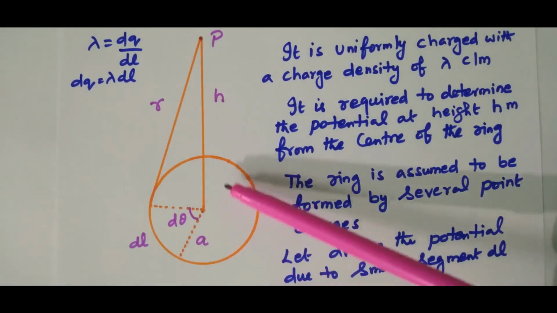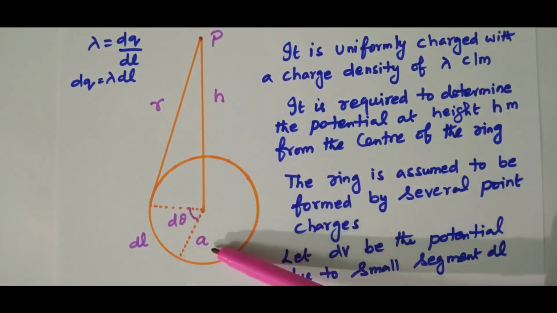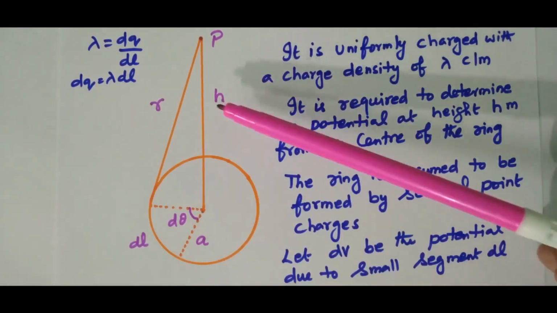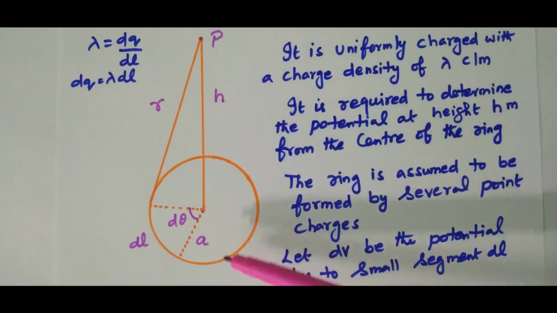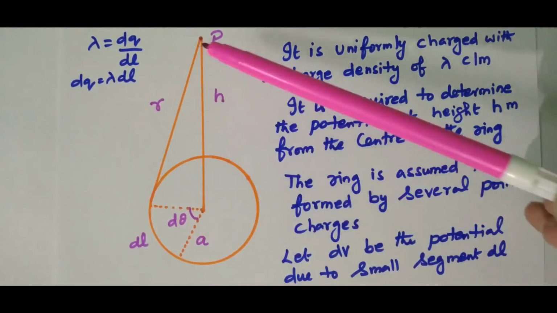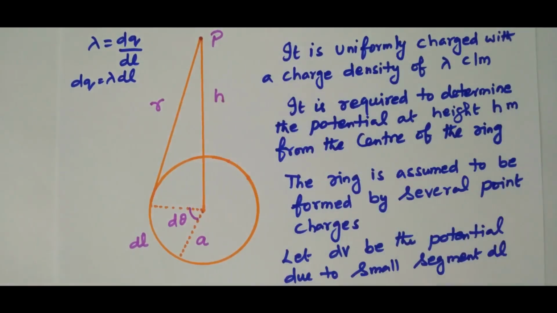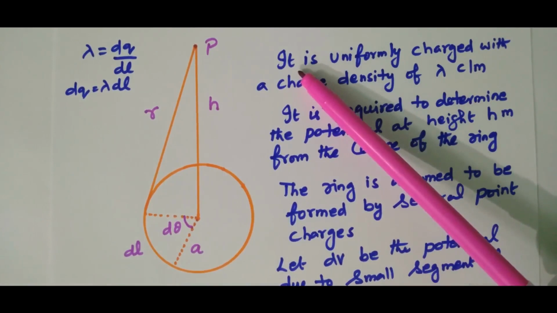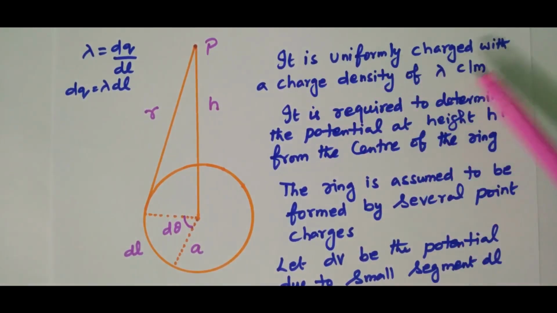So we have the ring with the radius a. We are going to find the potential at this point P, which is at a height of h meters. We consider one small segment. The distance between the small segment and point P is r meters. The ring is uniformly charged with charge density lambda coulomb per meter.